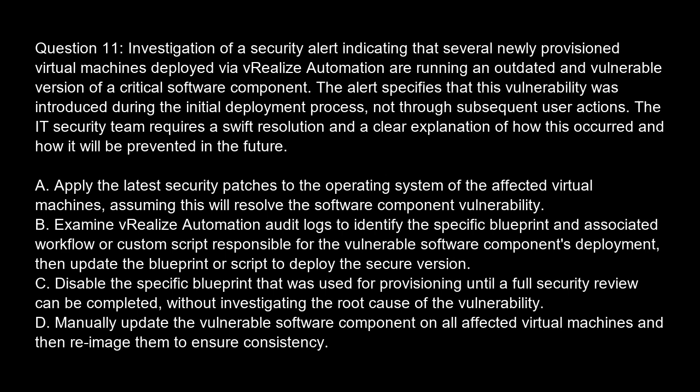Then update the blueprint or script to deploy the secure version. Option C. Disable the specific blueprint that was used for provisioning until a full security review can be completed, without investigating the root cause of the vulnerability. Option D. Manually update the vulnerable software component on all affected virtual machines, and then re-image them to ensure consistency.